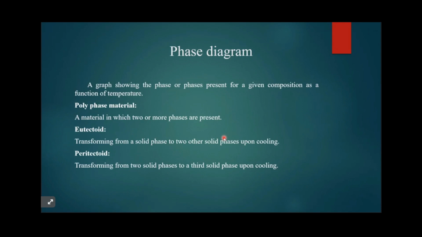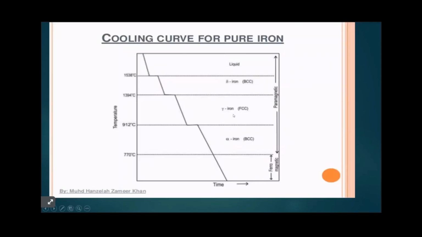The phase diagram is the graph which represents the composition of steels as a function of temperature. So the phase diagram is the basic diagram which indicates the different types of structures of different compositions of carbon according to the different temperatures.